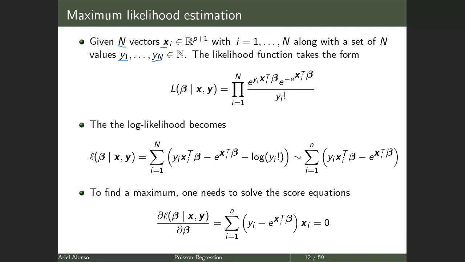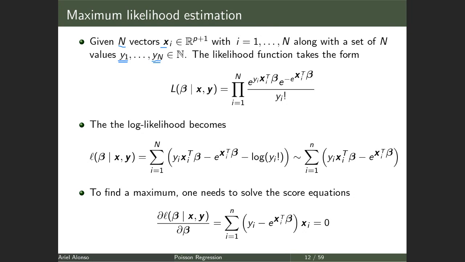And the maximum likelihood procedure proposed by Fisher essentially says to find the value of the parameters that make your data more likely, more probable. Each of these observations, y1 to yn, follows a Poisson distribution. So you just take the product of all these Poisson distributions, because they are independent. That's one of the assumptions.